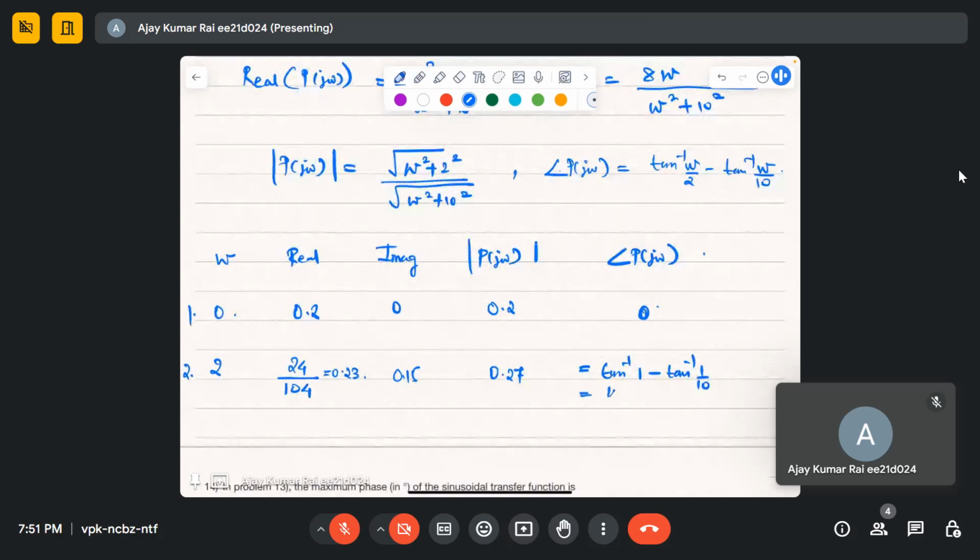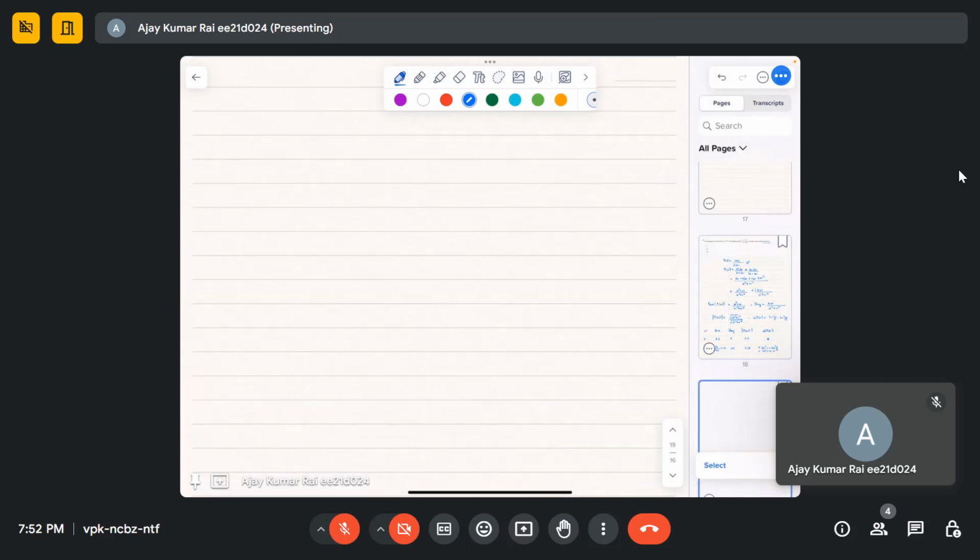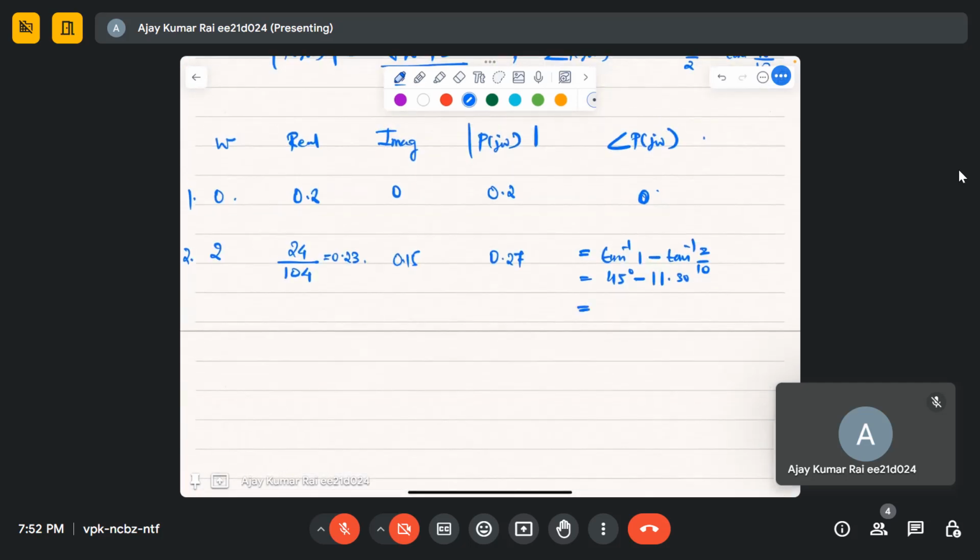So it should be 45 minus tan inverse of 2 by 10, which is 11.30. So what is this, 33.6 or 33.7?